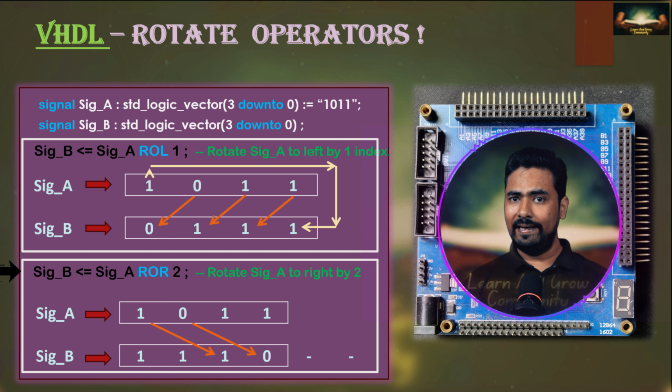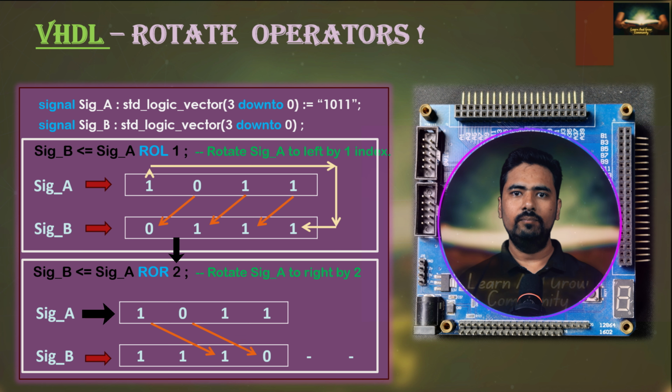Now coming to the second example, signal B gets the value of signal A ROR 2. This is rotating signal A data to the right by 2 indexes. In the first cycle, 1011 will become dash 101, and then the dash will be replaced by the shifted data, which is 1 here. So 1011 becomes 1101.